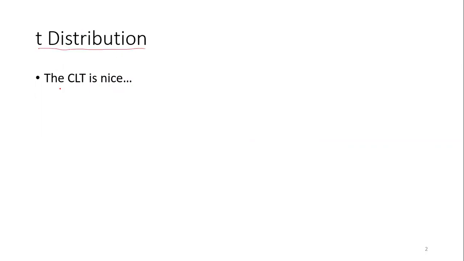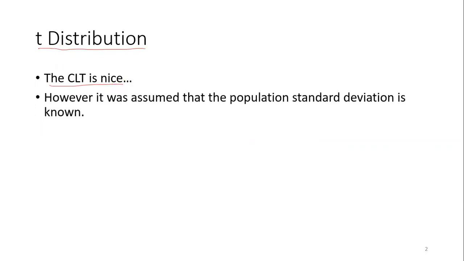Well, the central limit theorem, that's nice, but remember when we are using hypothesis testing, let's go back. We said that the observed z is equal to x bar minus mu divided by sigma divided by root n. So x bar is the data that we have calculated. Mu is given by the null hypothesis H0.